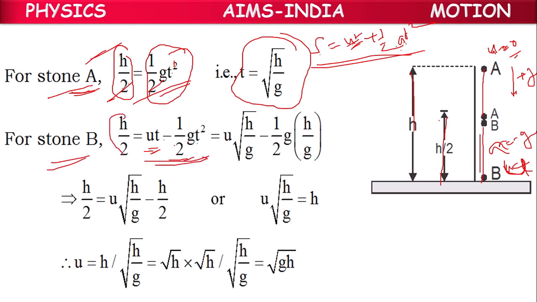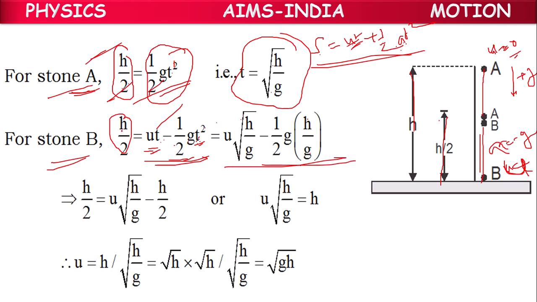So distance is h by 2. If we substitute root of h by g in the place of t, in the place of t square, square root cancels, directly we can write h by g.